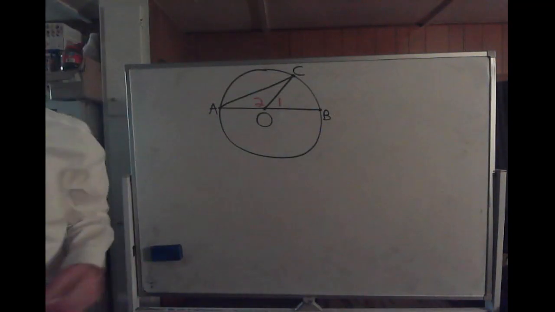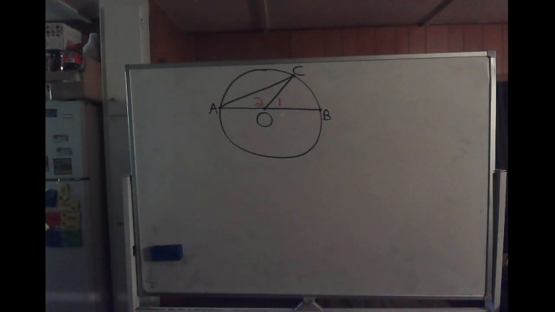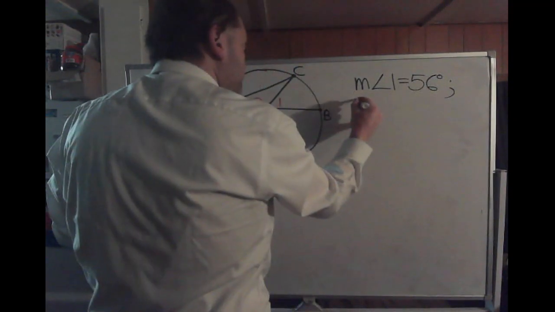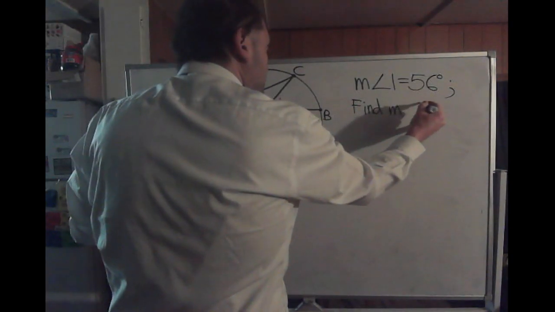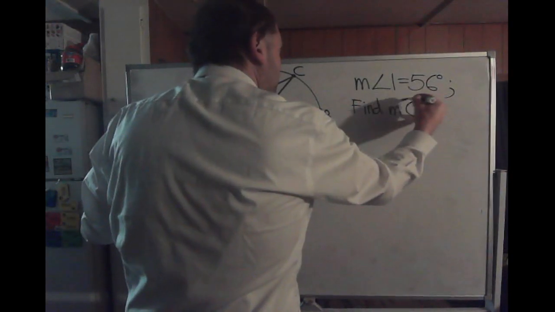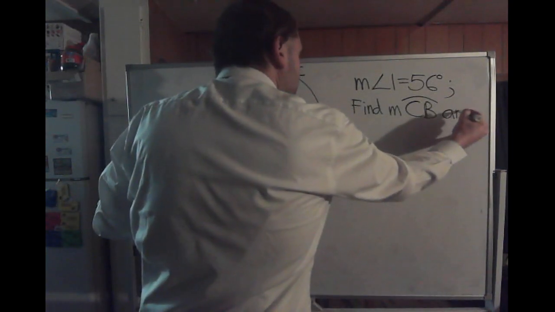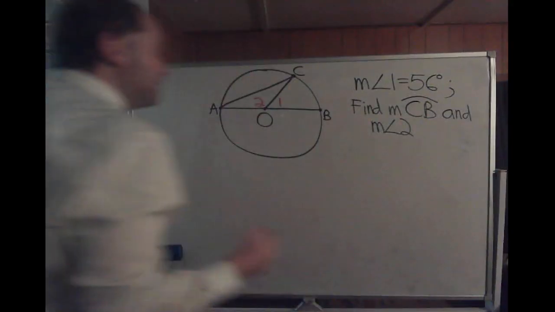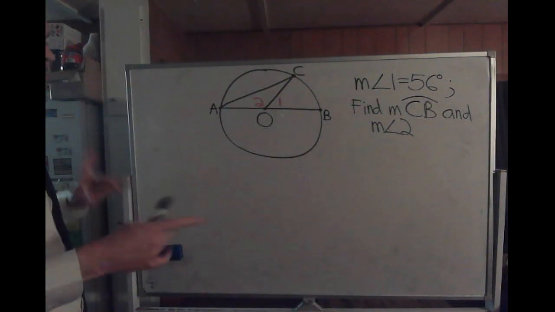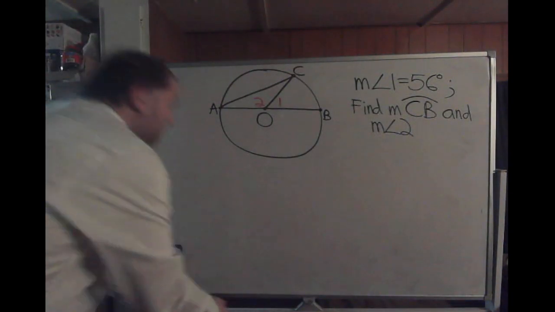What do they give us this time? They give us that the measure of angle 1 equals 56 degrees. Find the measure of minor arc CB and the measure of angle 2. I think we'll actually start with the measure of angle 2 this time.